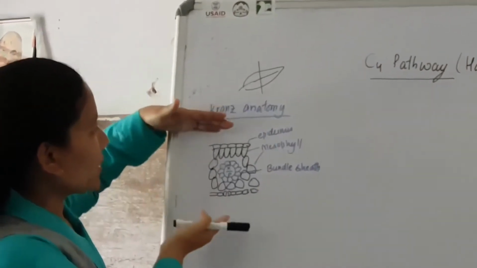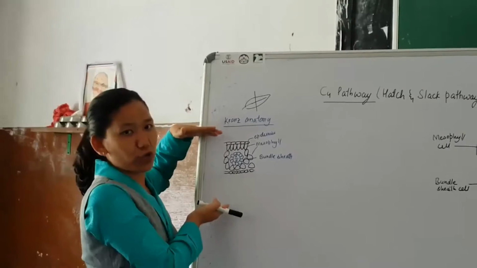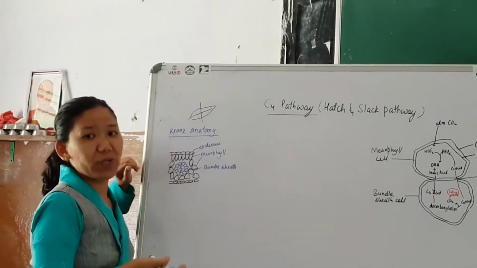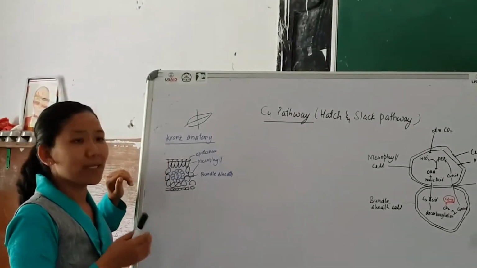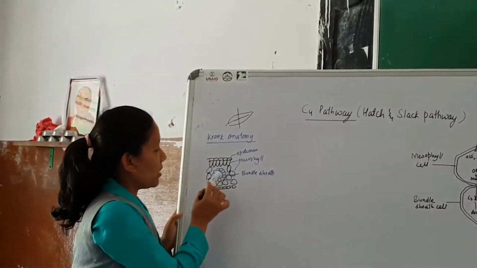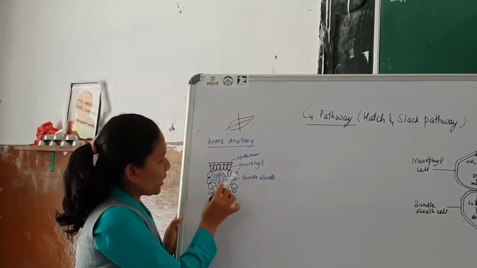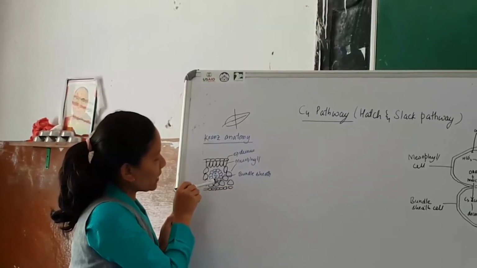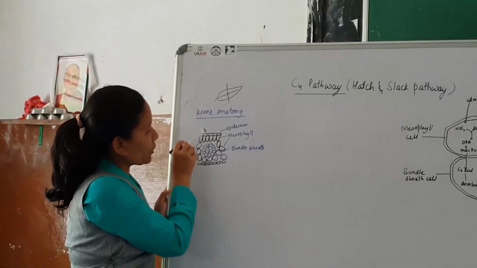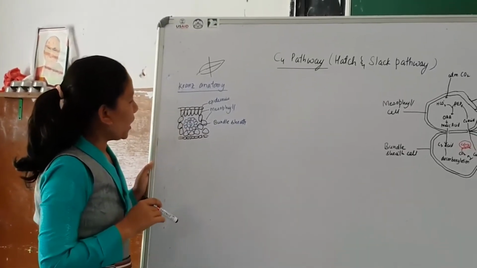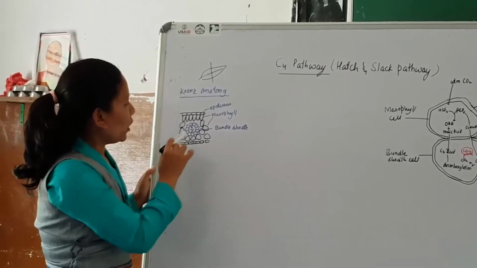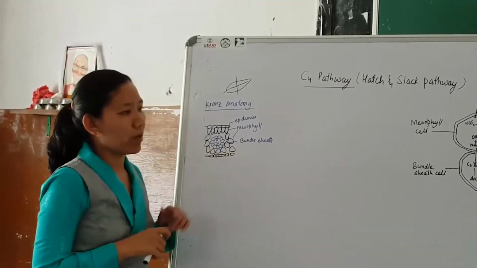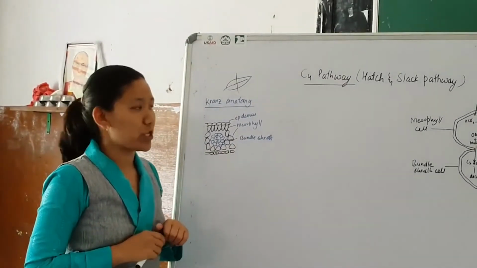Because of the presence of such an anatomy, it gives advantage to the plant, where the plant suffers from photorespiration. Another one is again in higher temperature, since there is a presence of bundle sheath here, the photosynthesis process occurring here will be protected from high light intensity, and also the presence of various enzymes helps in reducing the effect of photorespiration.